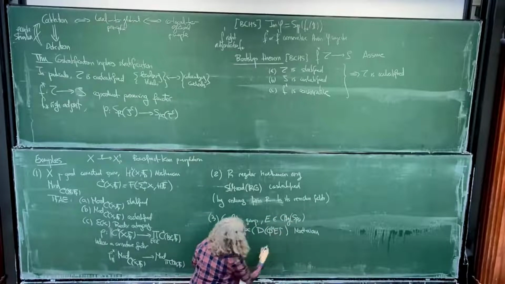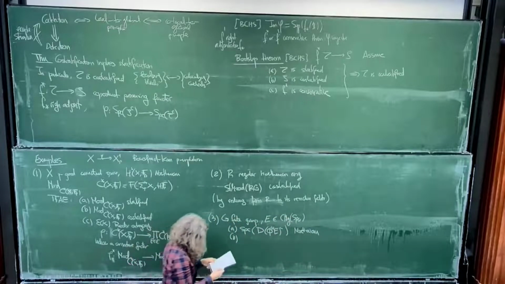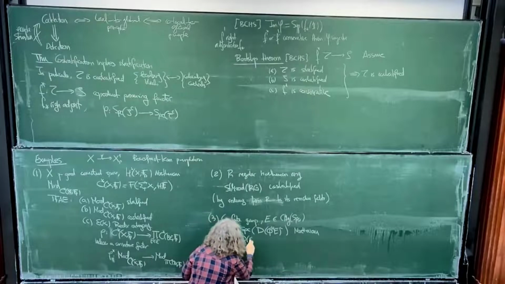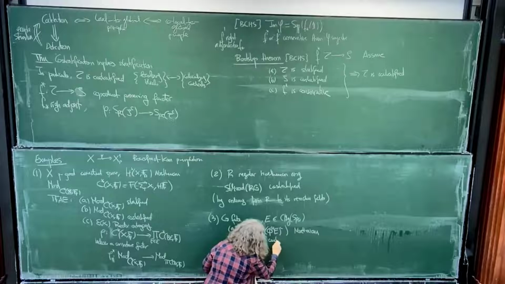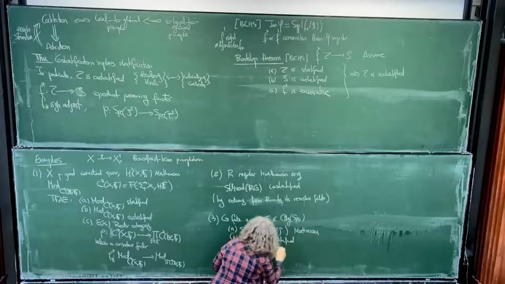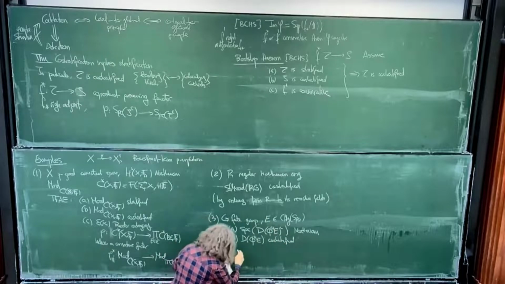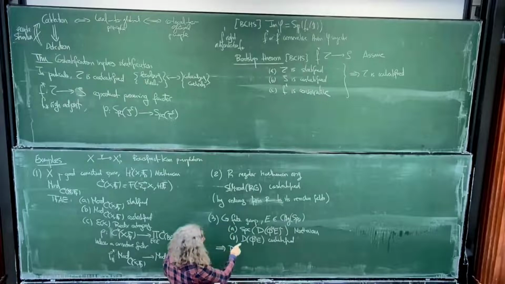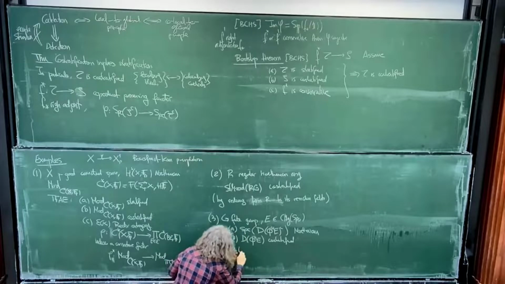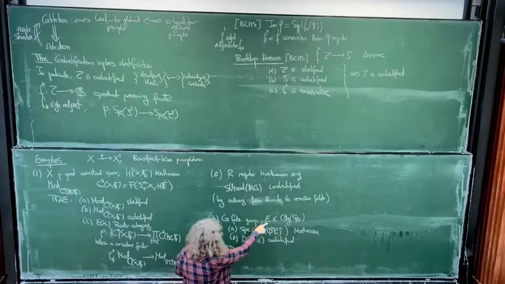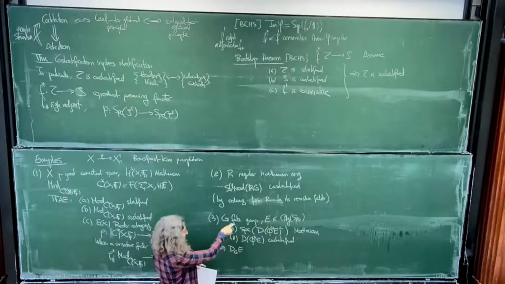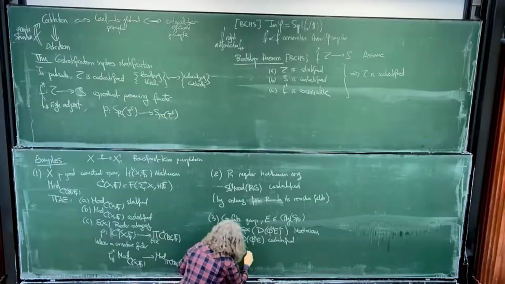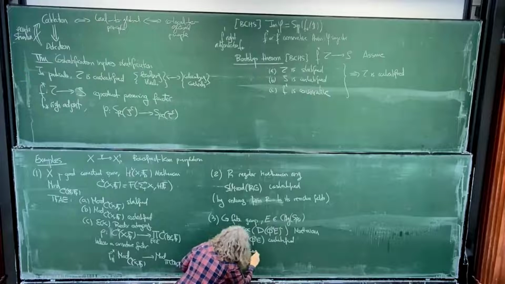And then you have to look at each of these fixed points, and when you look at the fixed points, this is costratified. Then when you look at the E-modules in this category of G-equivariant spectra, this is also costratified.